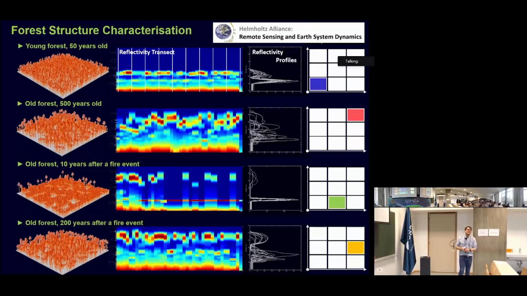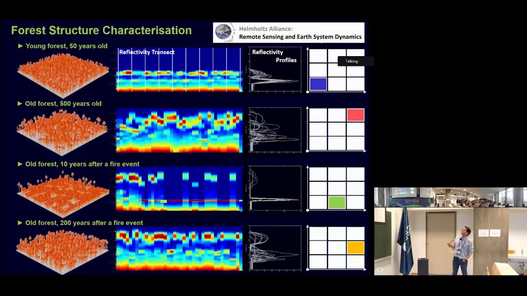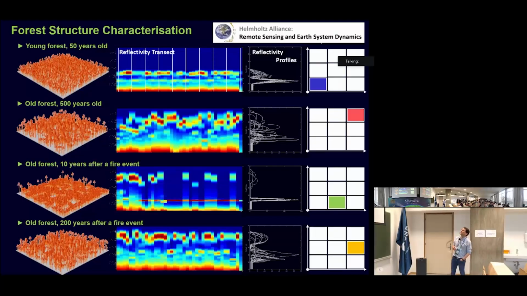What you understand is that even if you take 3D structure and boil it down to just two indices, you still have some discrimination, because different stands have different horizontal and vertical structure. Between this and this, it is easy to find out which is more heterogeneous.